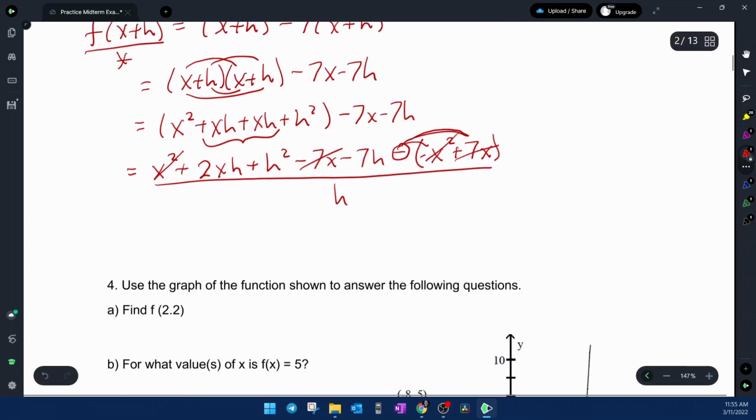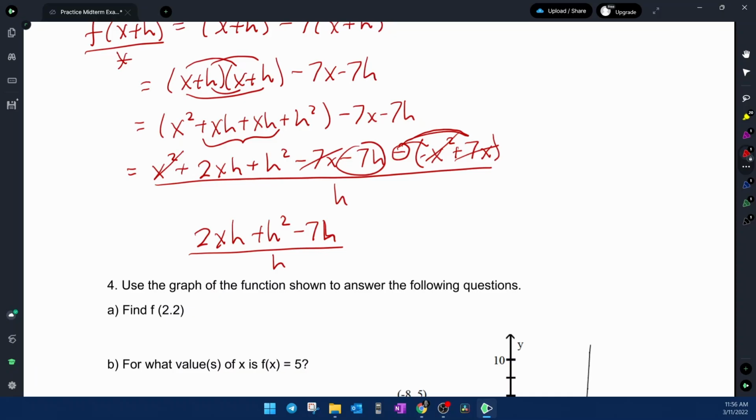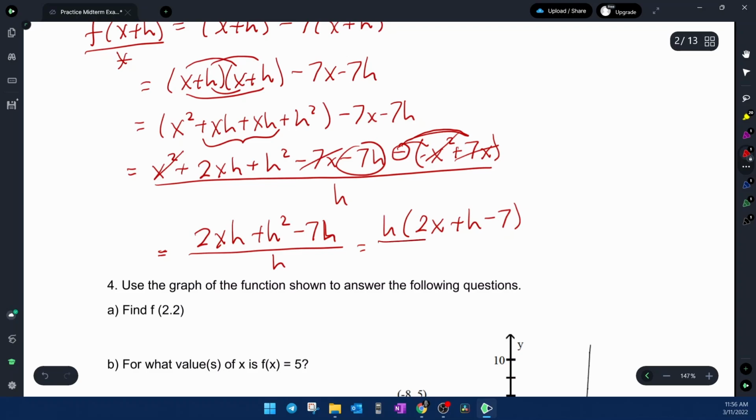And then this fraction is going to simplify to 2xh plus h squared minus 7h all over h. And then notice that every term in the numerator has an h. So then we could factor out an h, leaving me 2x plus h minus 7 all over h, and then we can cancel our common factor.